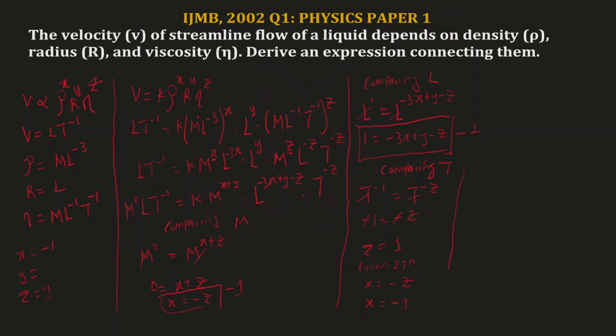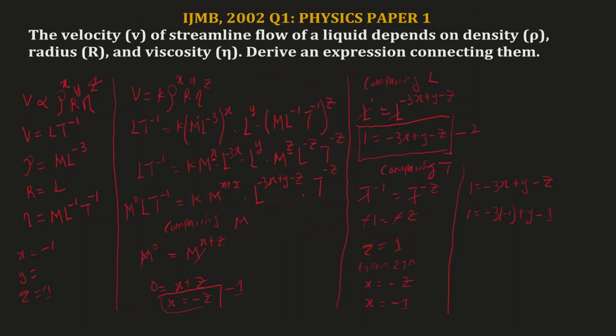We can use equation 2 to find y. Equation 2 says 1 equals negative 3x plus y minus z. So 1 equals negative 3 times x, which is negative 1, plus y minus z, where z is 1.